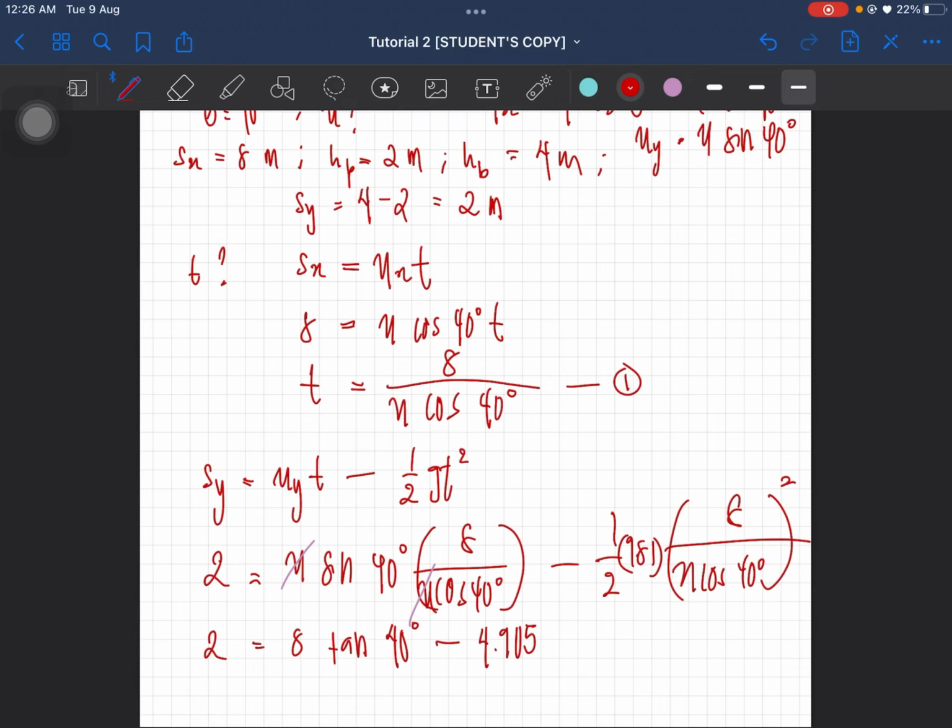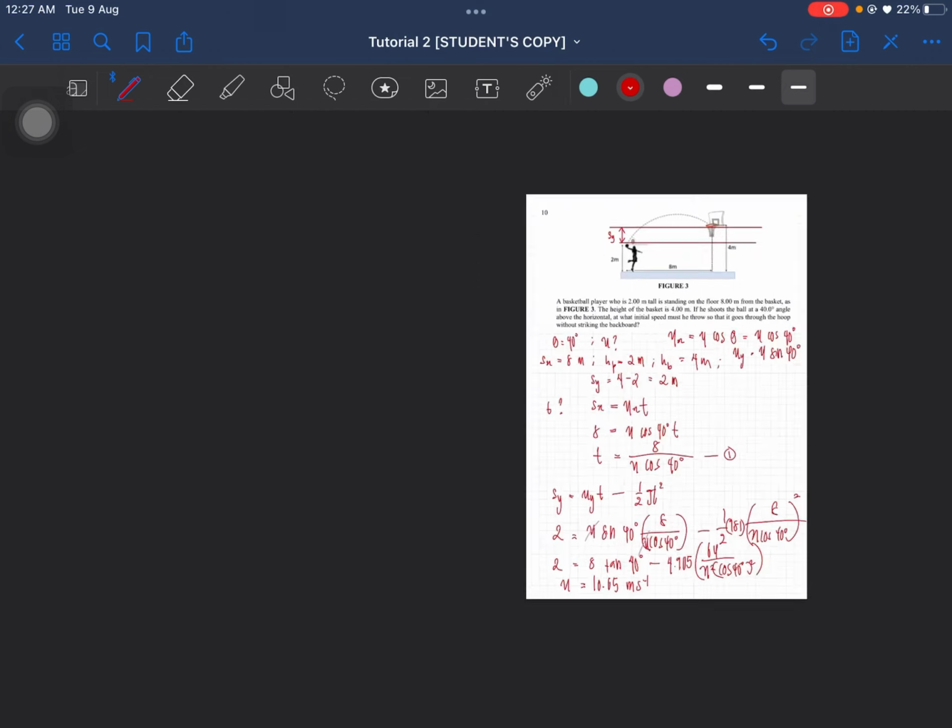So 8 squared is 64. 64 U squared cos squared 40 degree, you also have to square this. Okay, so please rearrange this for U, and you should get the initial velocity to be equal to 10.65 meter per second.